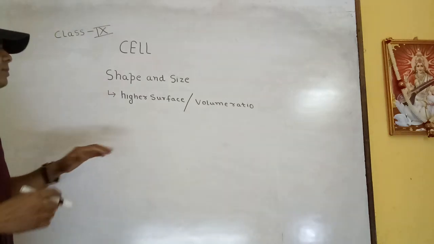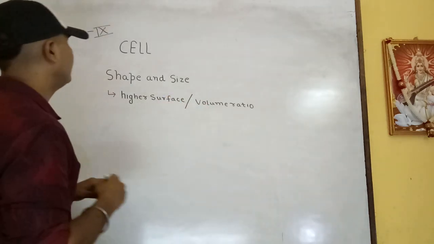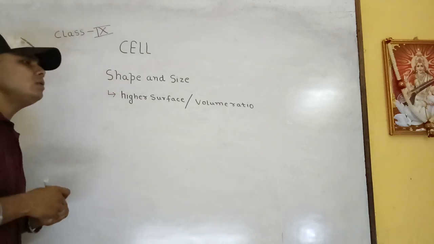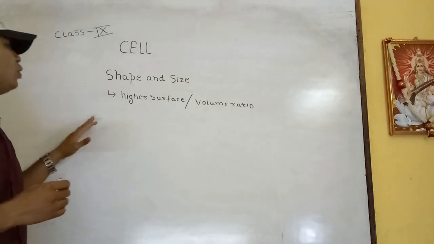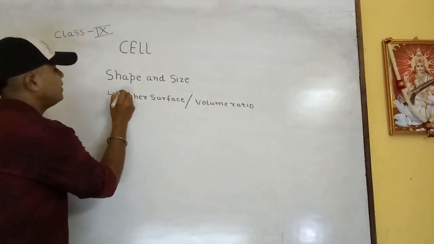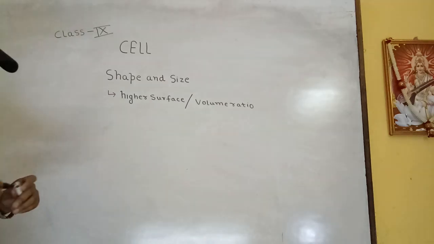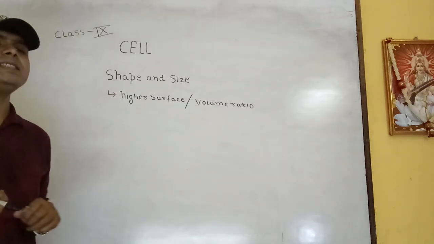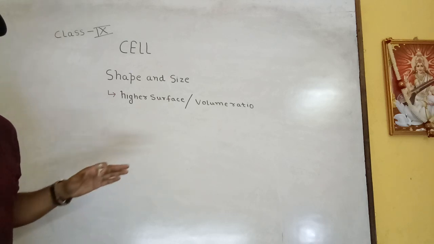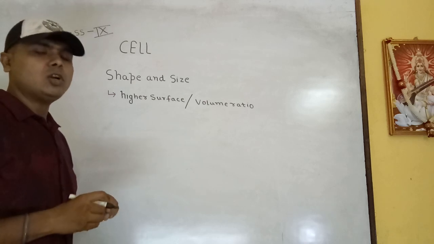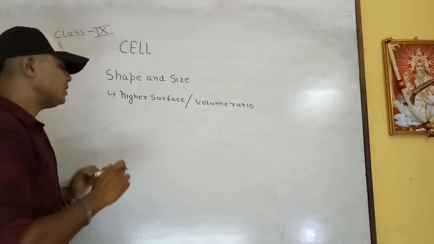This is because of the small size of the cell. And how does a small size cell have increased surface area? Let us explain how a small structure has larger surface area compared to a structure of larger dimension. Let us understand this.